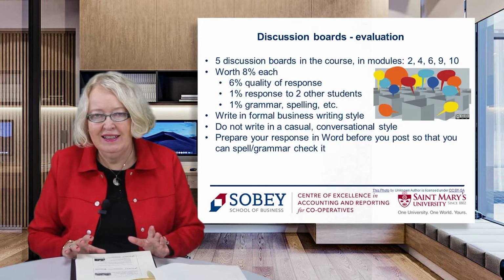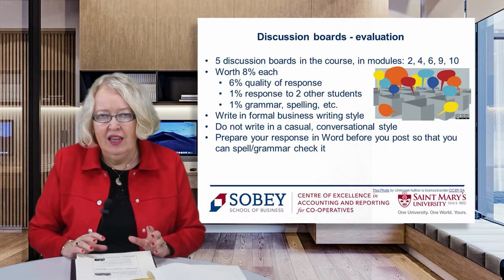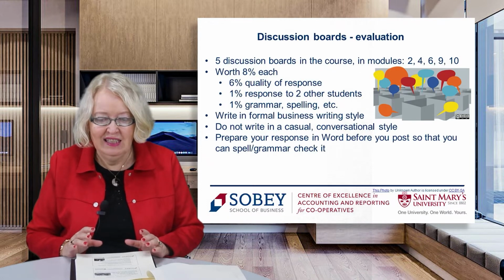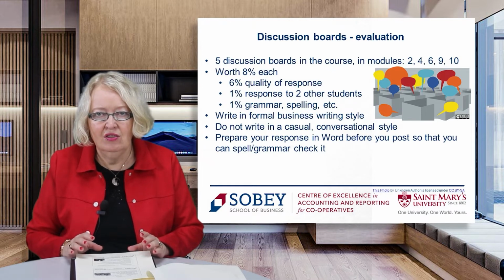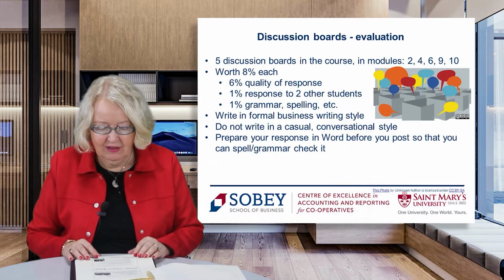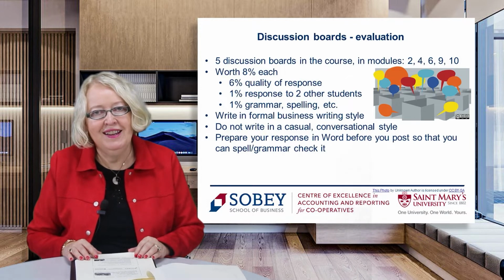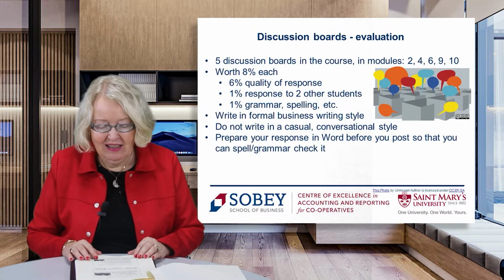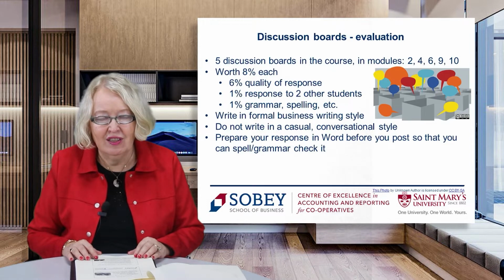Some people get the idea because it's a discussion board, it's more casual and conversational in tone, but that's not the intent. You are intended to use appropriate business writing style. So I always advise people to write your response in Word first. That way you can use your spell check and so on, and then copy it into the discussion board.